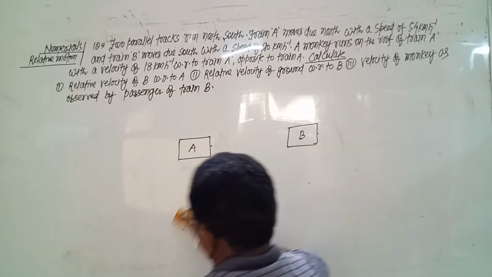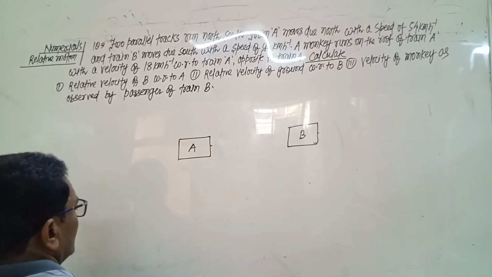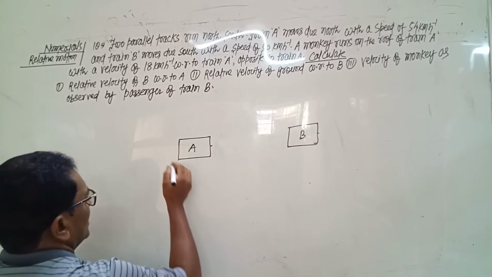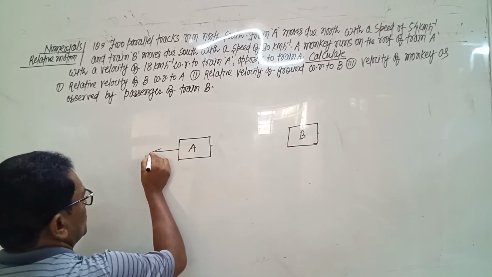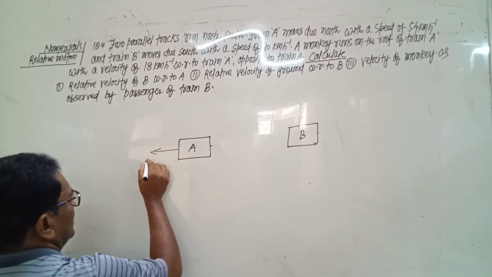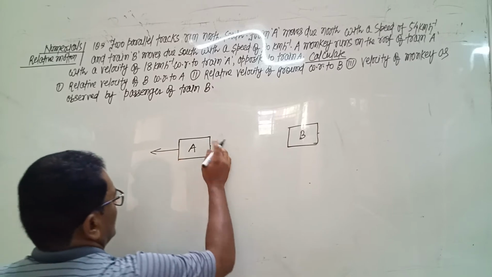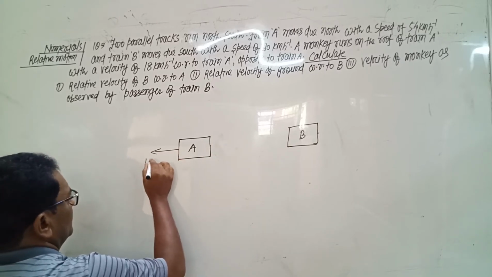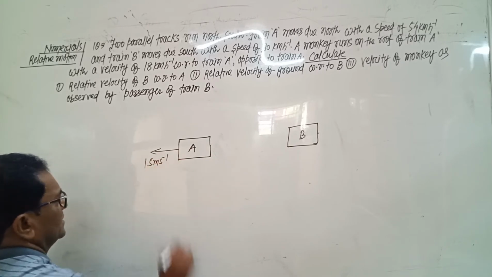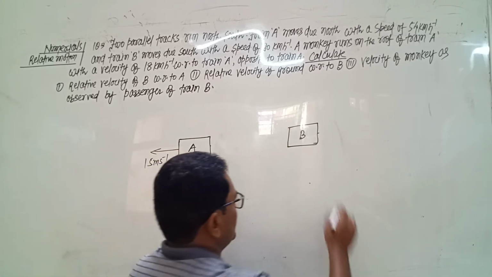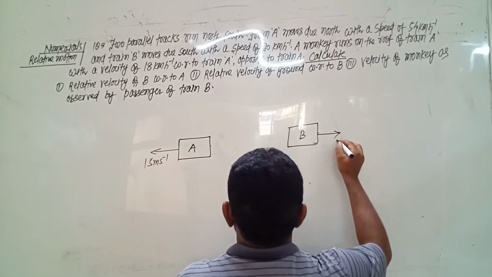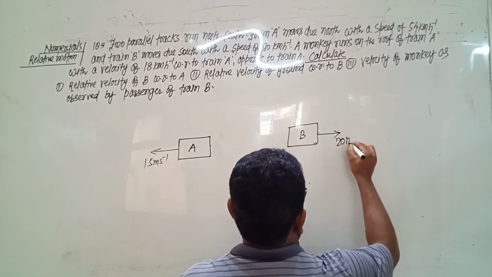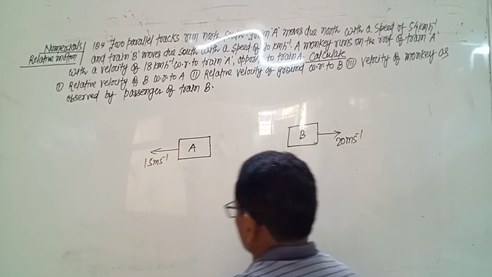Another question. Suppose there are two cars A and B. Car A is moving towards left with a velocity of 15 meter per second, and car B is moving towards right with a velocity of 20 meter per second.